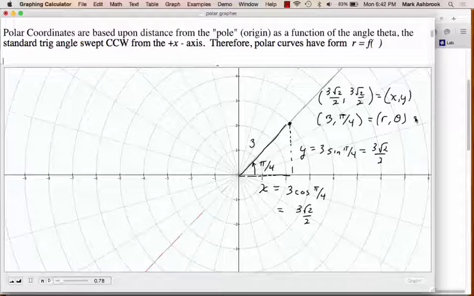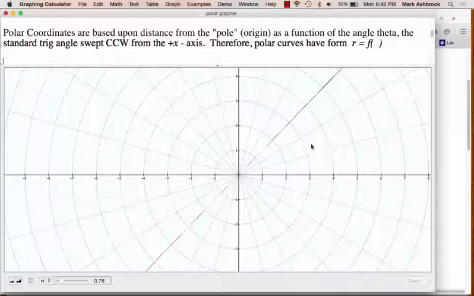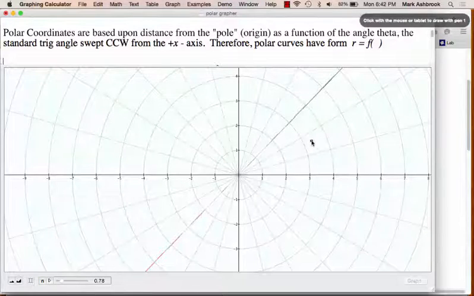So let's generalize this here. If we have any angle theta and distance r, what are the x and y coordinates? So let's just put the point out here, just any point here.